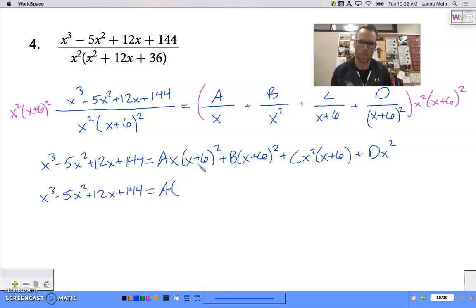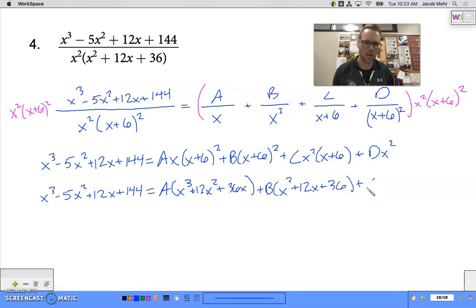This is A times, now I need to square out x plus 6 and then multiply it by x. Just doing a little mental work, looking at what we had before, this would be x cubed plus 12x squared plus 36x, plus B times x squared plus 12x plus 36, plus C times x cubed plus 6x squared, plus D times x squared.